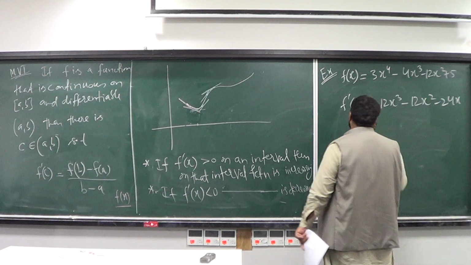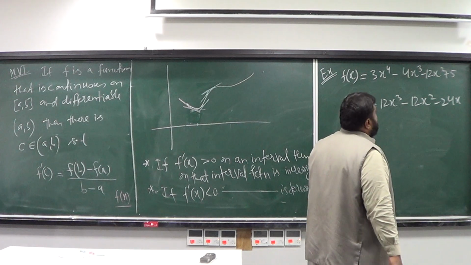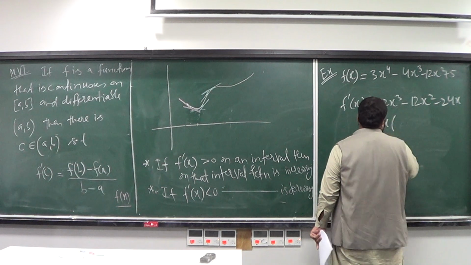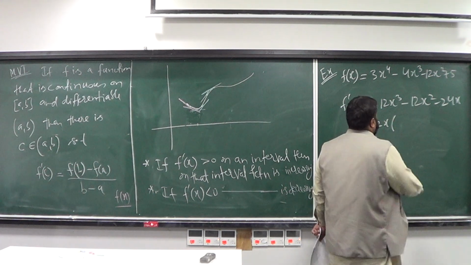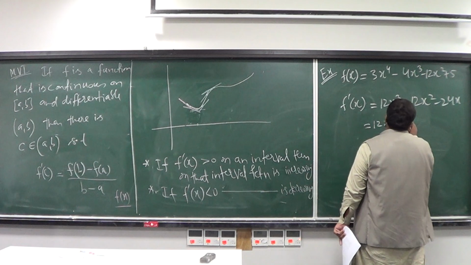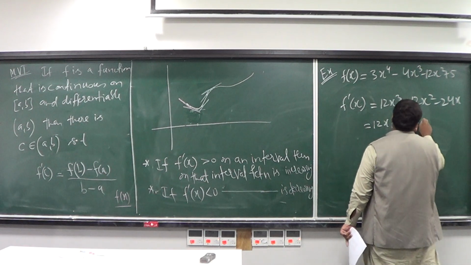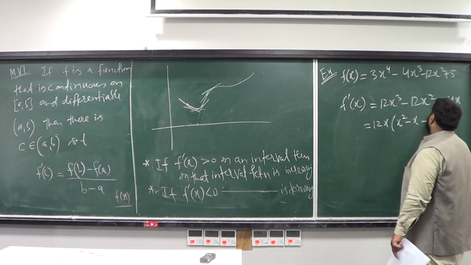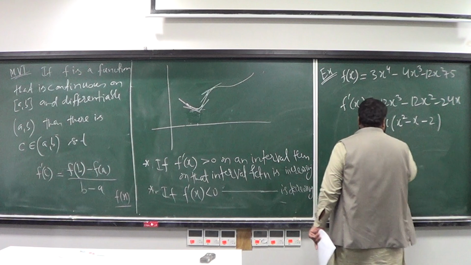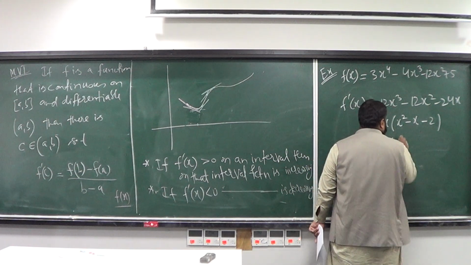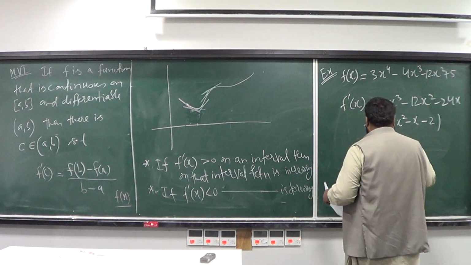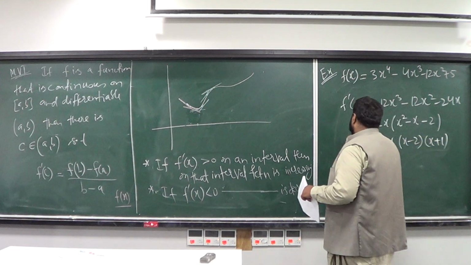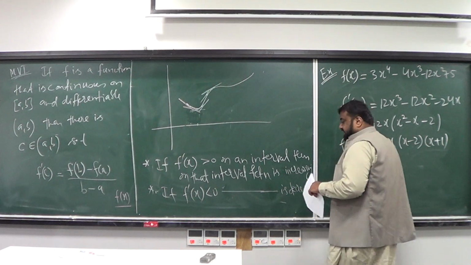You can already see that you can easily factorize this. If you take out 12x, you're going to get x^2 - x - 2. And you can even factorize this further, and you're going to get 12x times (x - 2) times (x + 1). So this is the derivative of the function.